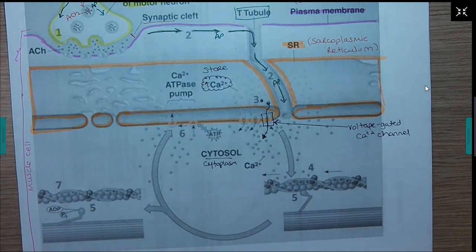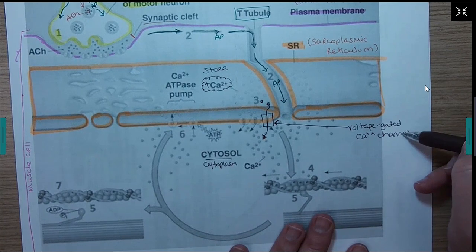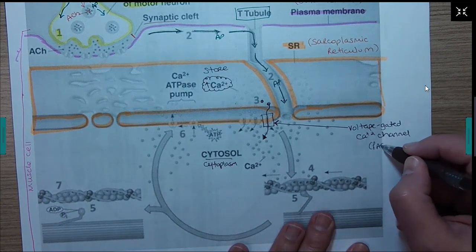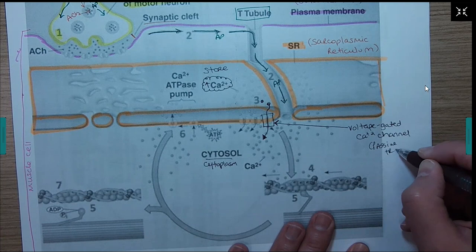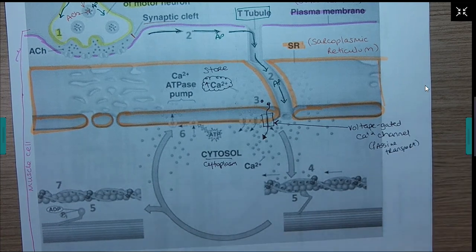So it's going to leave the sarcoplasmic reticulum and enter into the cytoplasm of the cell. Now remember these voltage gated channels, the ions are moving from high to low concentration, so this is just passive transport. Remember that word? So they're just doing this through simple diffusion, okay? It's easy peasy, open the door, they flood out.